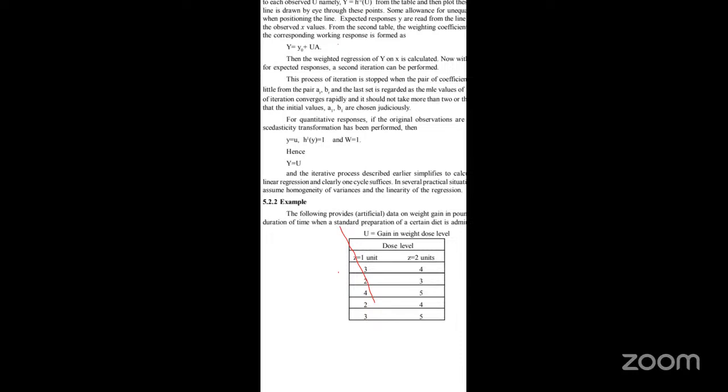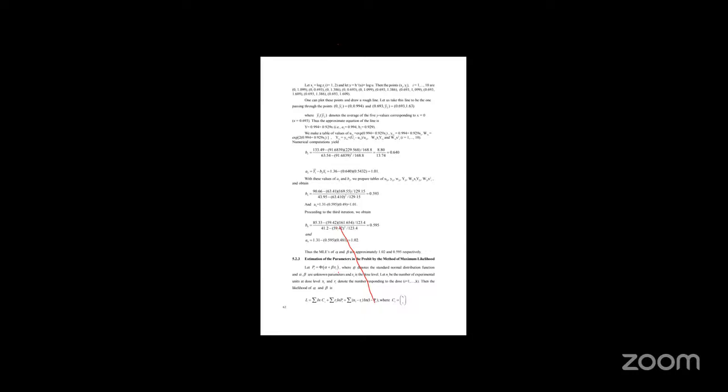So this is the table which gives dose level Z: 1 unit and 2 units. Next, let x equal to log Z, where small y equal to h inverse u log u. These are the points x, y. One can plot the points and draw a rough line. Let the line pass through one of the two points.